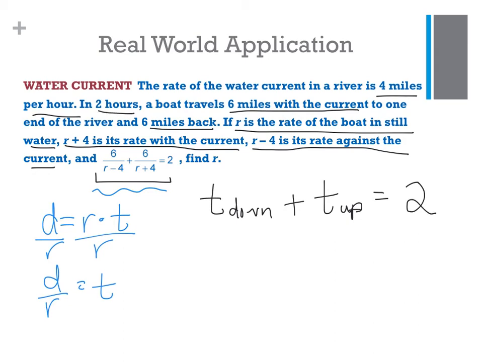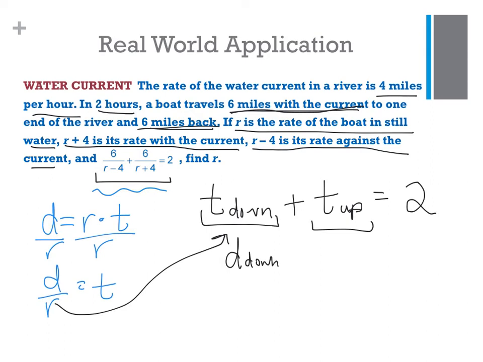It says in 2 hours a boat travels 6 miles with the current to one end of the river and 6 miles back. Now, I can substitute here in this equation: time downstream plus time upstream is equal to 2 hours. Well, time downstream is distance downstream divided by rate downstream, plus the trip back up the river is distance upstream divided by the rate upstream, which is equal to 2.